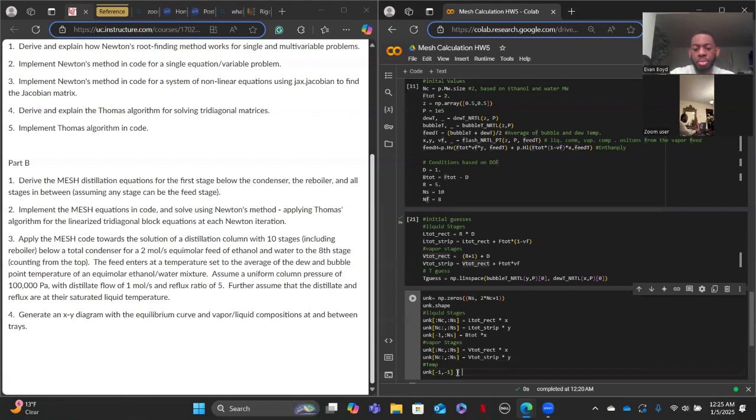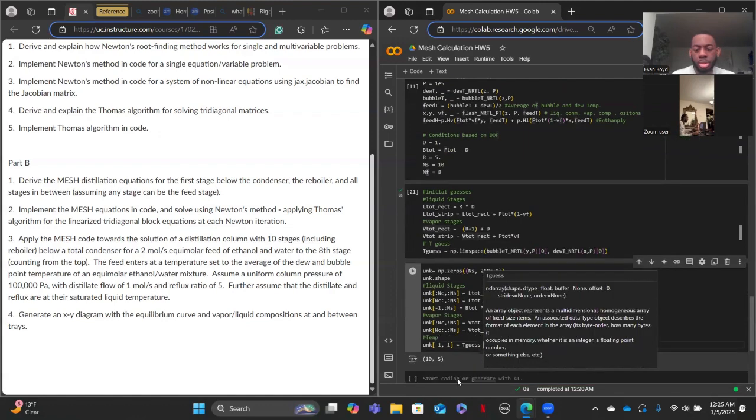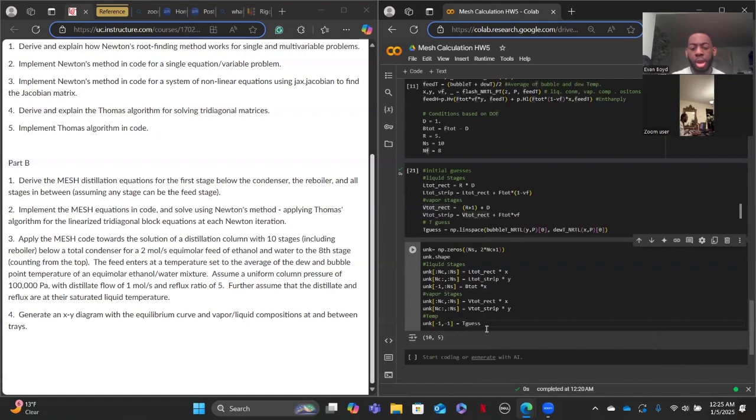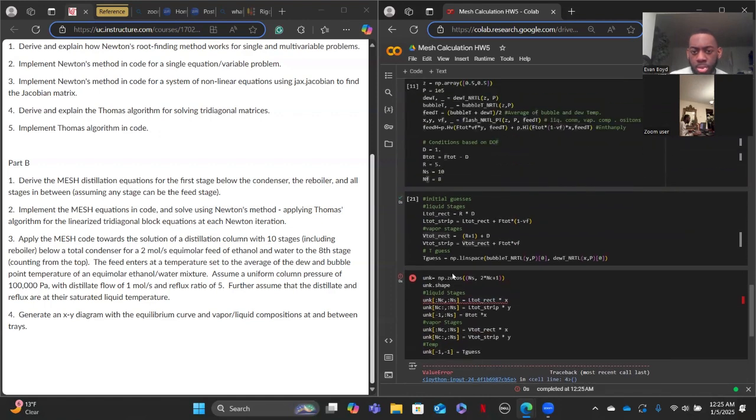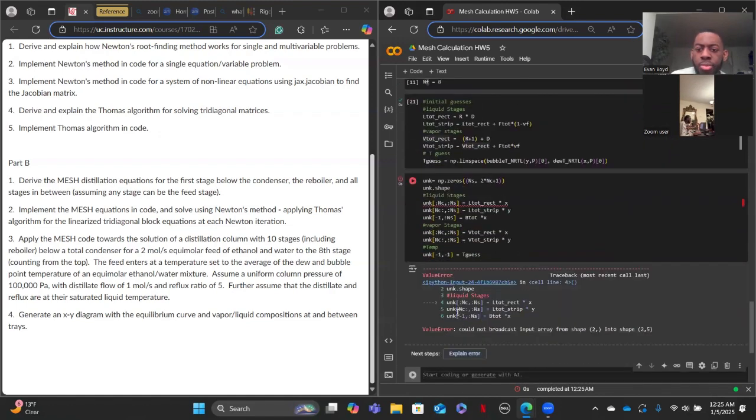And then this would just be our T gas, I'm pretty sure. Yeah. Shift enter. Cannot broadcast a 2 by 5. Cannot broadcast input from a 2 0 into a shape of 2 by 5.